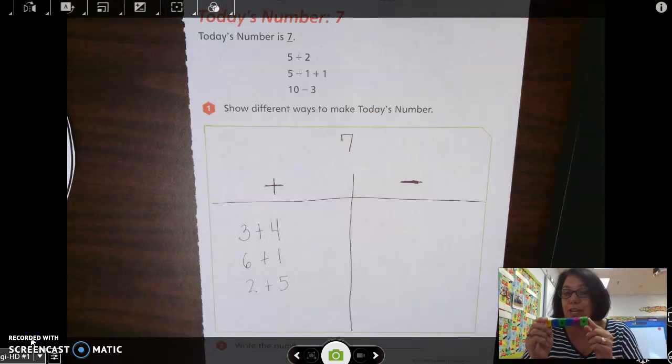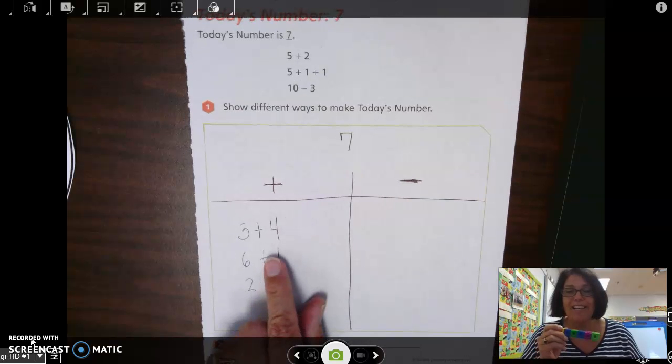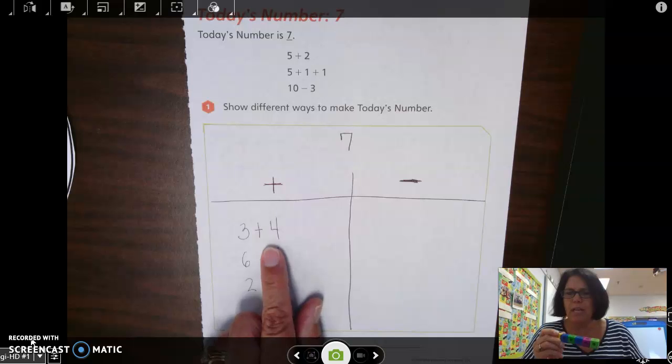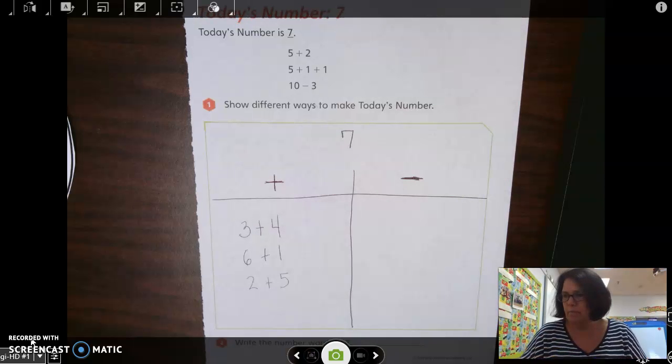So you used your connecting cubes, and you looked for different ways to take these 7 cubes and make equations. Maybe some of your equations are just like my equation. So let's take a look and see. So the first one is 3 plus 4. Does 3 plus 4 equal 7? Well, let's take a look and see.